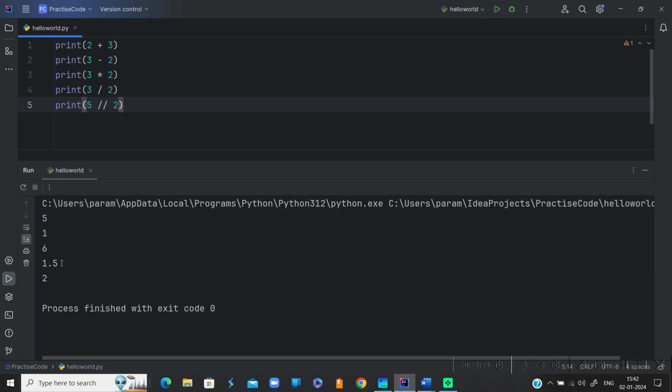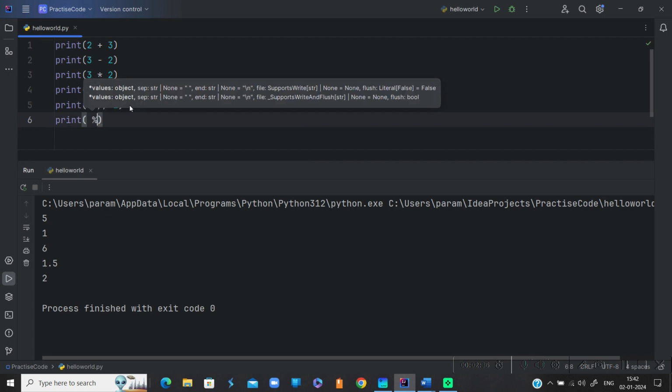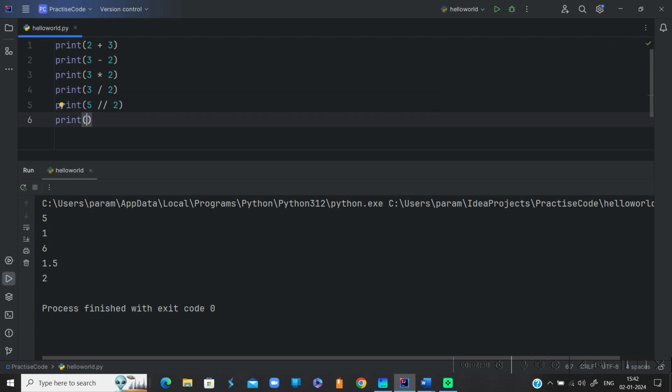If we run, we get 2 as the output. So we understood that this is the integer division. If we want the remainder, what is the remainder? 1 is the remainder we got.